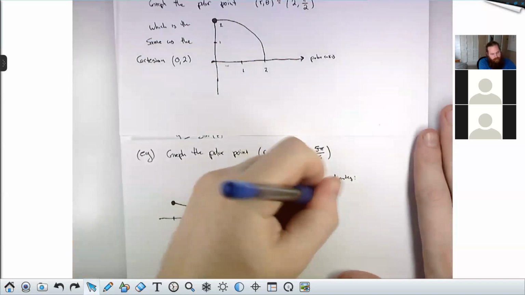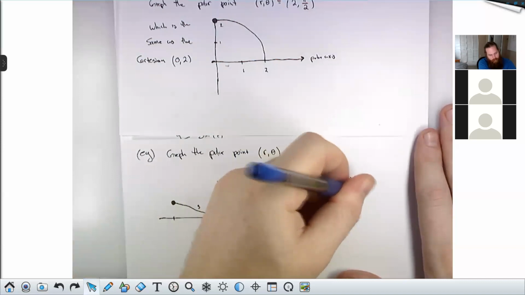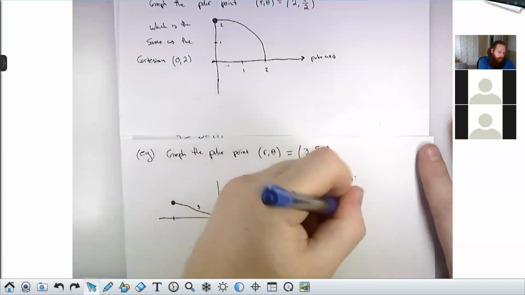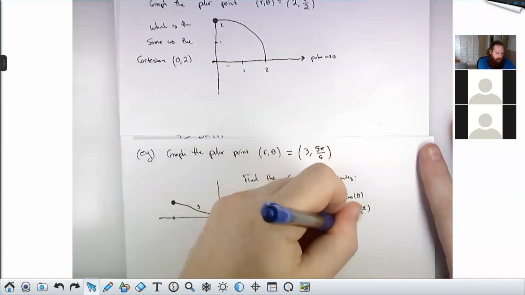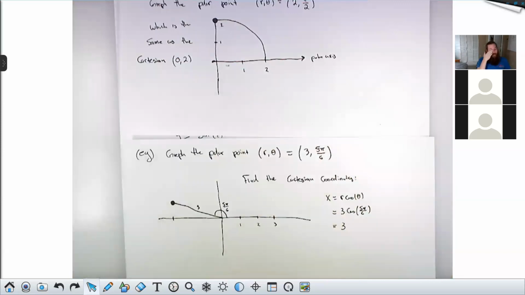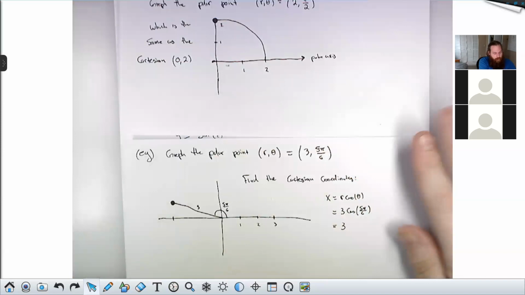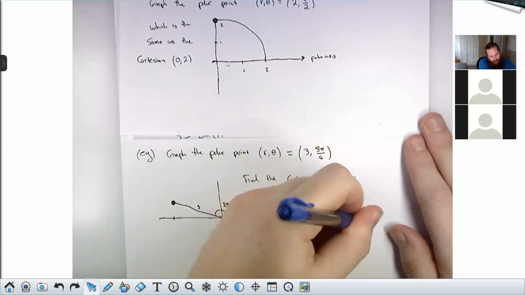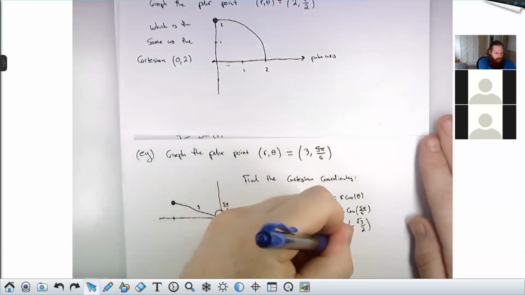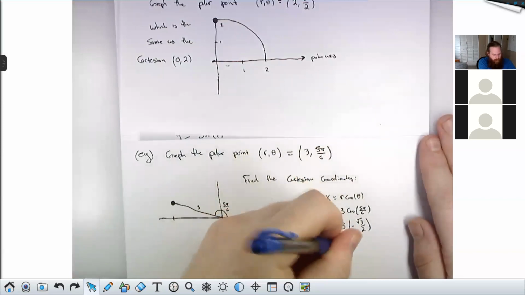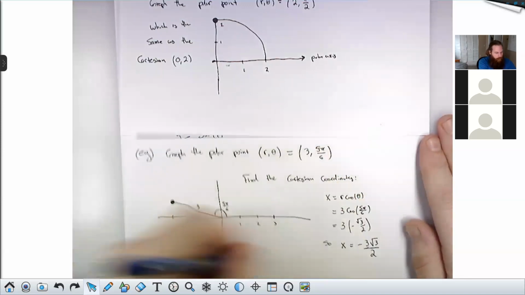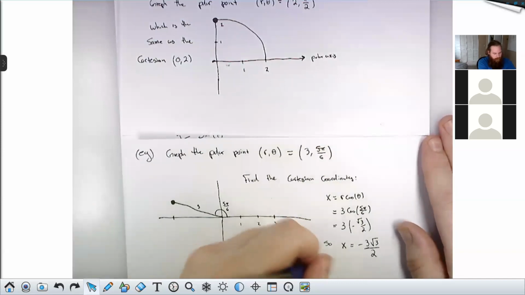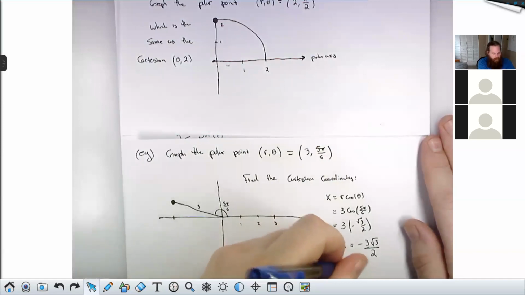We know that x is equal to r cos theta. That's 3 times the cosine of 5 pi over 6. And the cosine of 5 pi over 6, we have to think about our unit circle. That's negative square root of 3 over 2. So the x here is negative 3 root 3 over 2, and y is r sine theta.